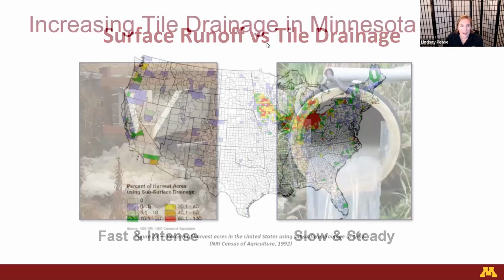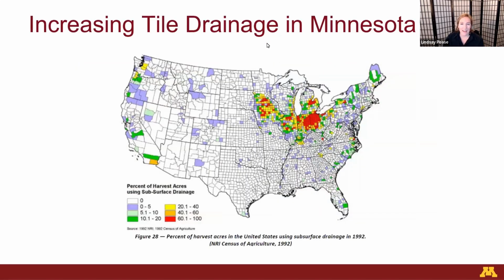The other fun fact about where I'm at in Minnesota, and I think this is happening in your neck of the woods too, is we're really seeing a lot of expansion of tile drainage into new areas. On this map, I know the text is going to be really hard to see at the bottom of the screen, so I'll walk you through it. There's a bright red spot over that Northwest Ohio area that I've already highlighted.